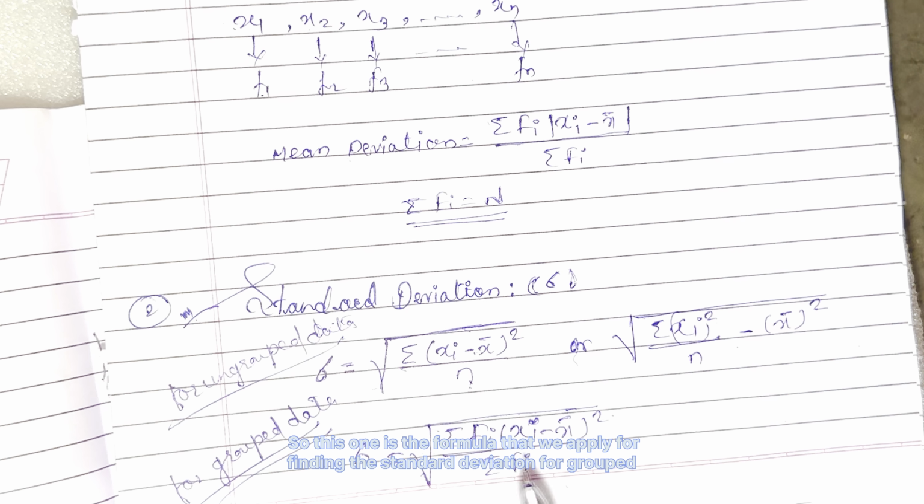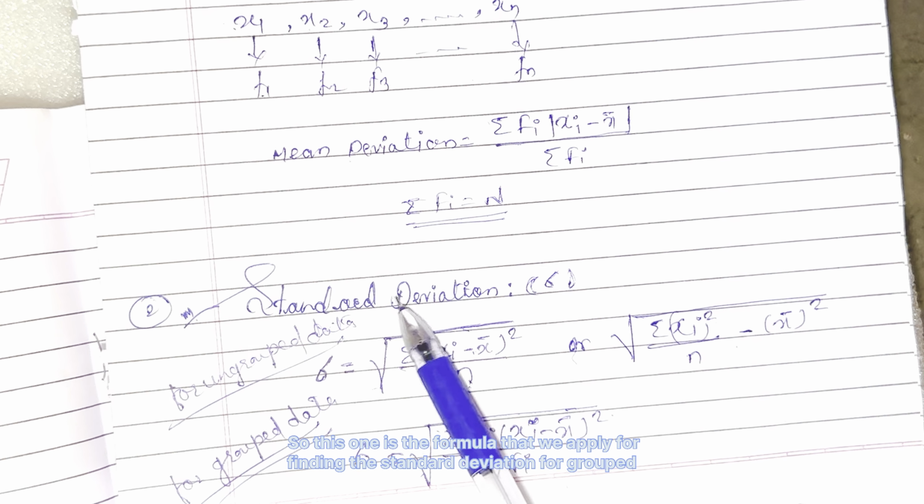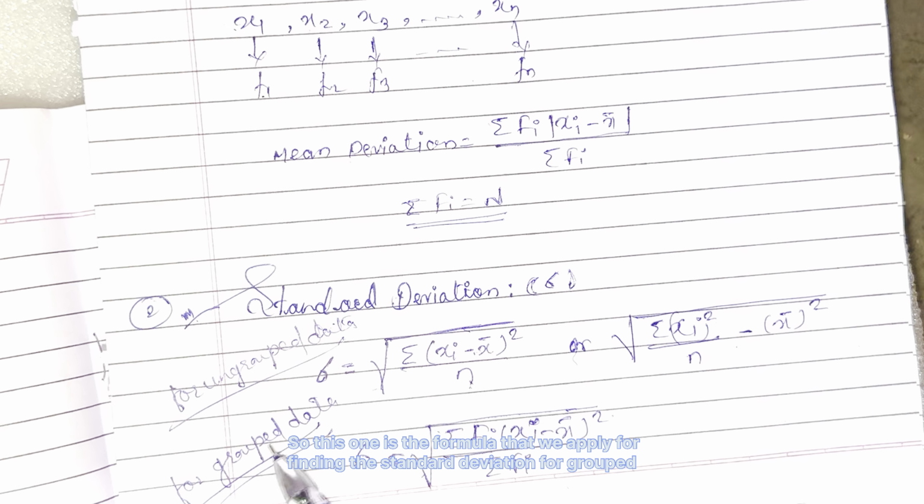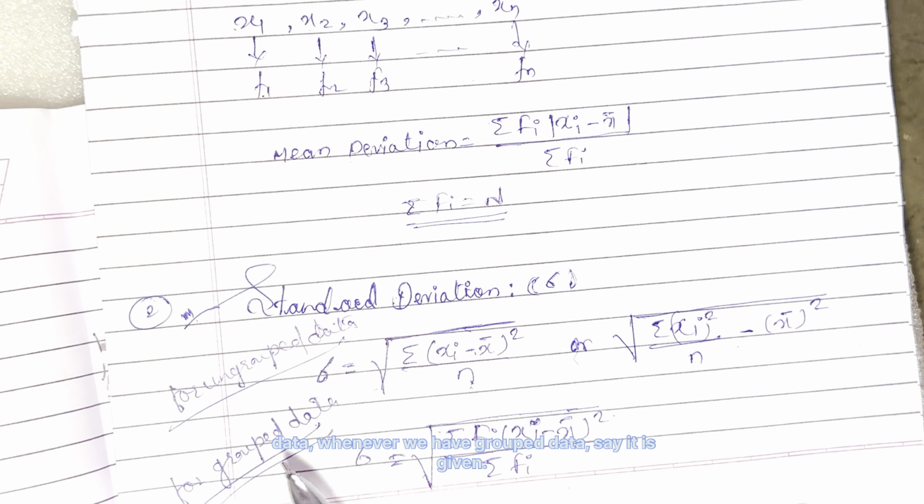This is the formula we apply for finding the standard deviation for grouped data sets. You can also use this, or there may be one more form for finding the standard deviation that you can apply.